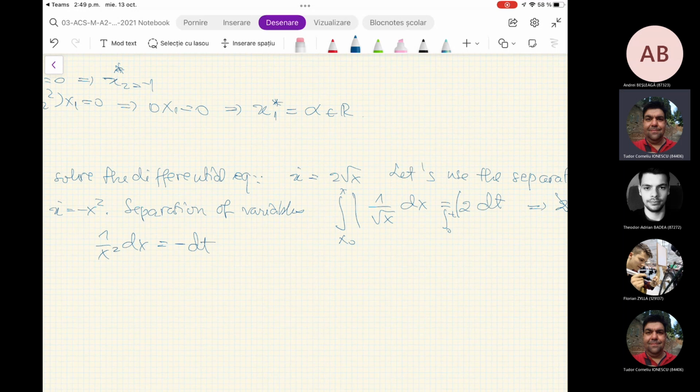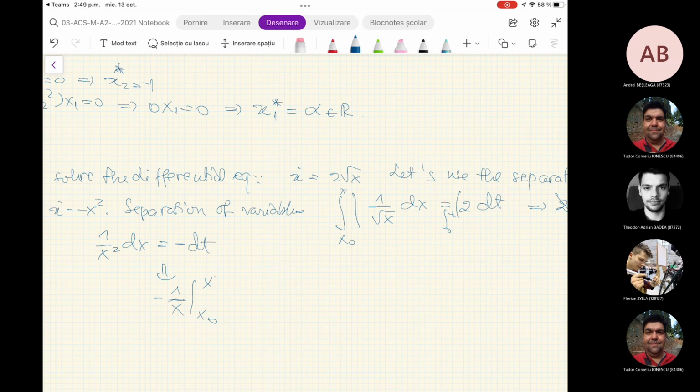So you take the initial condition, then you get what? What is the integral of x to the minus 2? So this is what? It's like this, right?